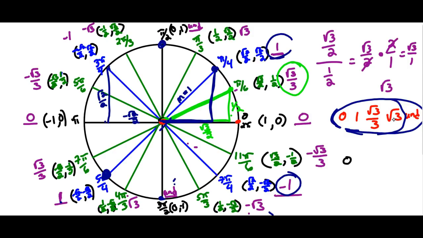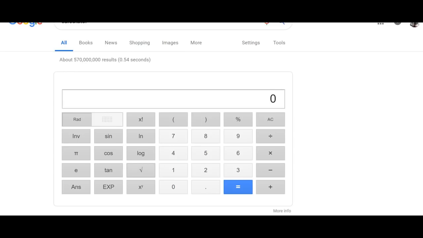What's the decimal approximation? Square root of 3 gives me 1.73. So 1's not bigger than square root of 3. What about square root of 3 divided by 3? Divided by 3 gives me 0.57, close to 0.6. So 1 is bigger than square root of 3 over 3.